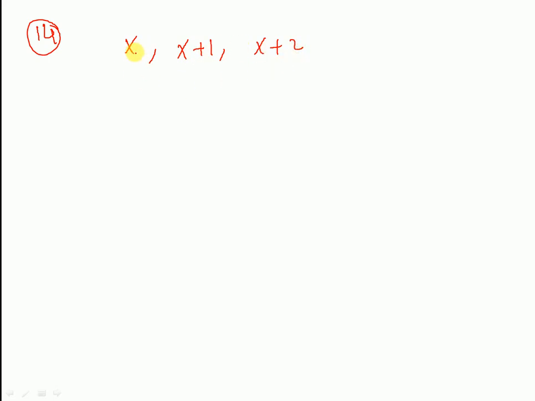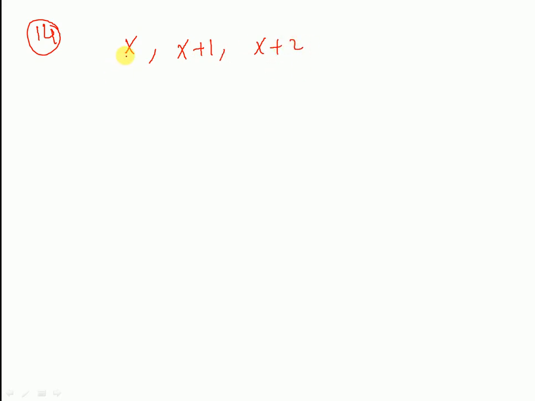But I don't know the x first. I have to solve for that. Now, the condition that they gave us here is the sum of the squares of the smaller 2. These two are the 2 smaller numbers compared to the larger one.